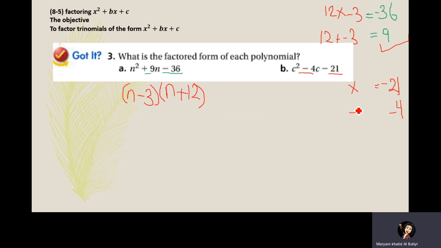I can think about 7 and 3. One of them should be negative, but this time I will put my negative with the big number. Why? Because once I add these two numbers, I will subtract and take the larger sign.